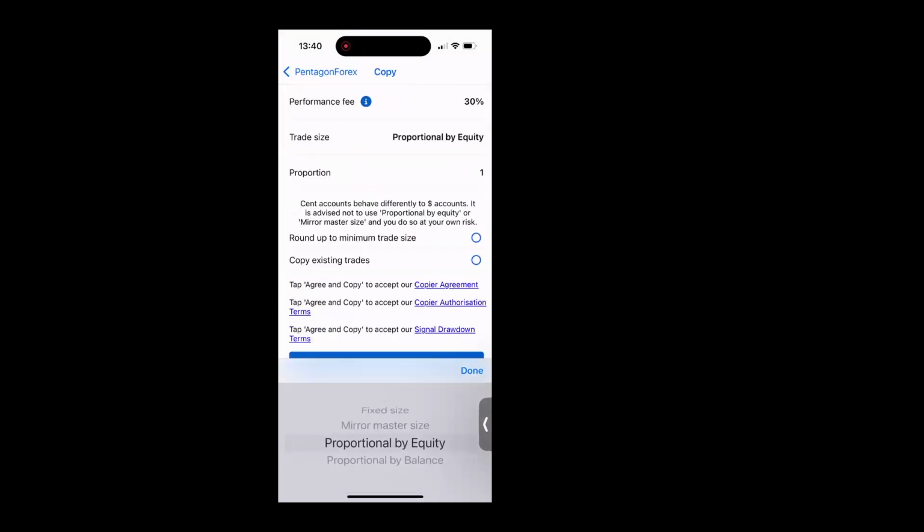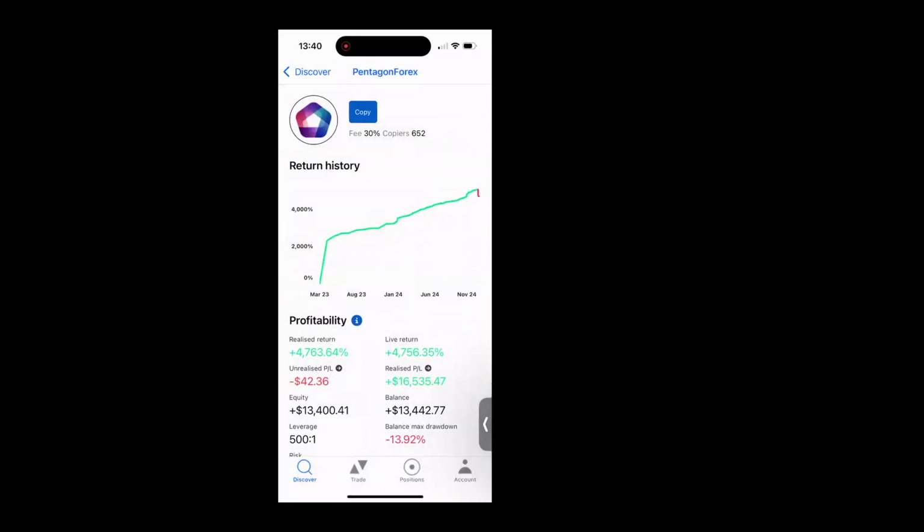What you could do is proportional by equity or proportional by balance. This will make it so that you still enter at the same time as the signal, but your lot sizing will be smaller and less risky, which will be kinder on your account if it's got lower balance and equity.